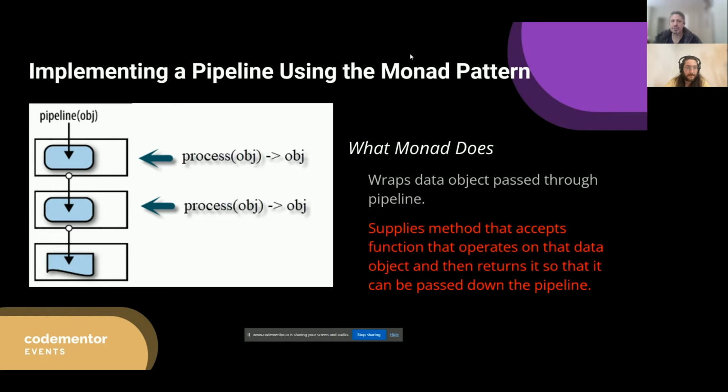So it's important to understand the signature of the function being passed in. Specifically, the function has to receive the data object, and then it has to return some data object. So it has to receive at a minimum one parameter, the data object.